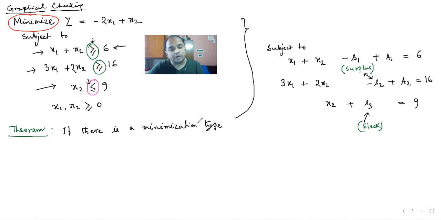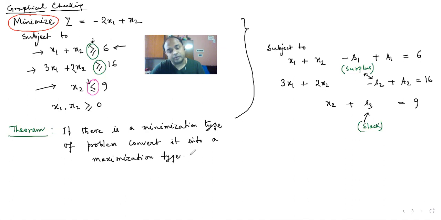The theorem is: min z is equal to minus of max of minus z. This is a very well-known theorem.